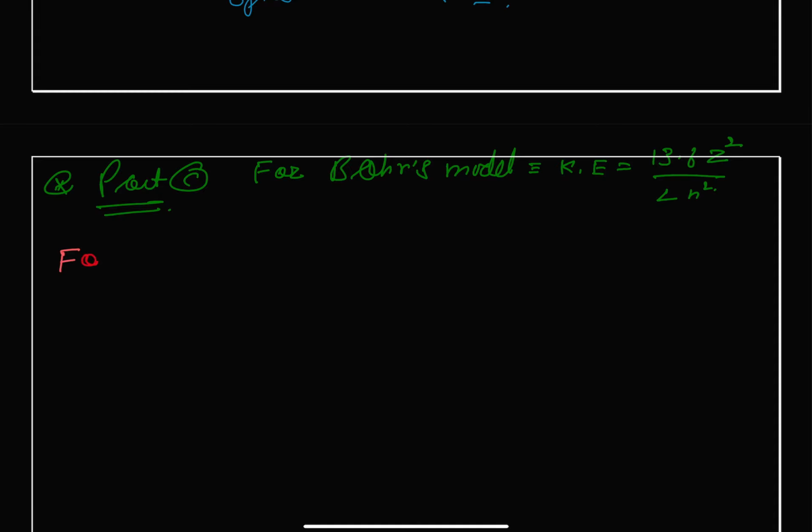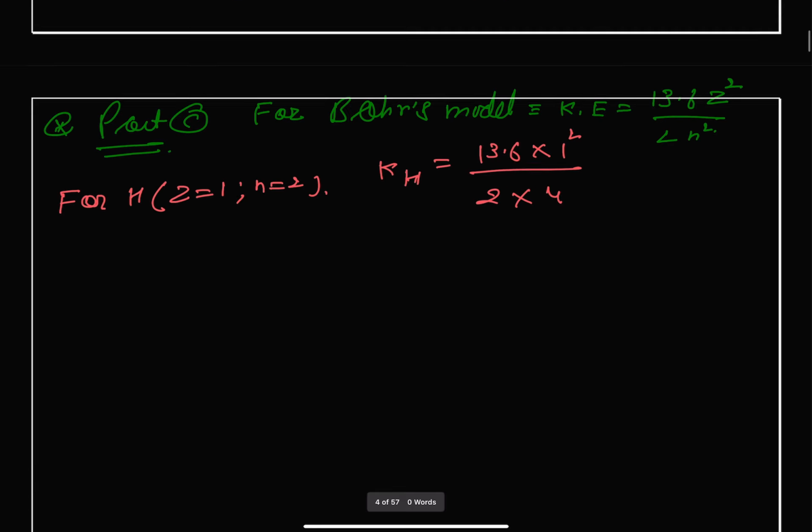For hydrogen, the value of Z is equal to 1 and the value of n is equal to 2. So kinetic energy of hydrogen will be equal to 13.6 multiplied by 1 square divided by 2 multiplied by 2 square, that is 4. So from here we get kinetic energy for hydrogen will be equal to 1.7 electron volt.